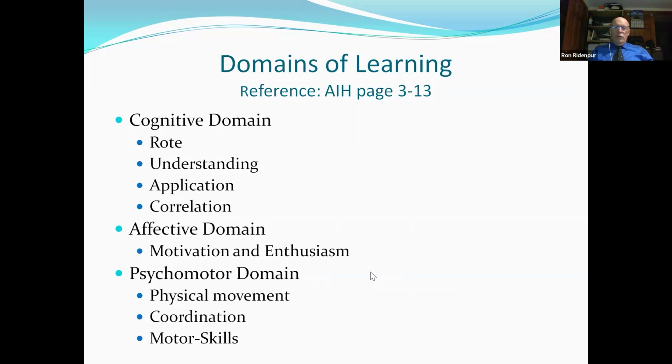But even more so than the correlation level would be, how do I apply some of these concepts in different areas of flying?